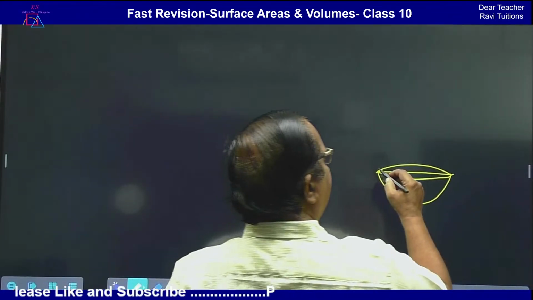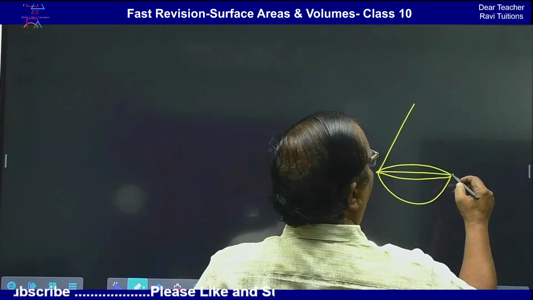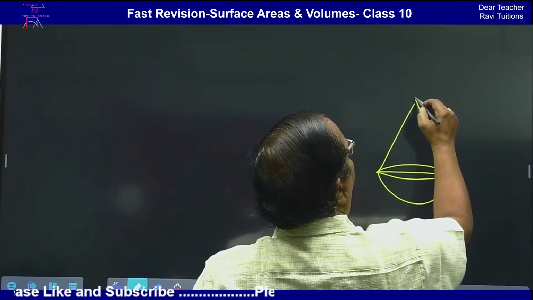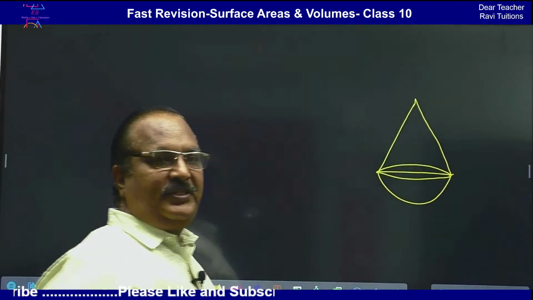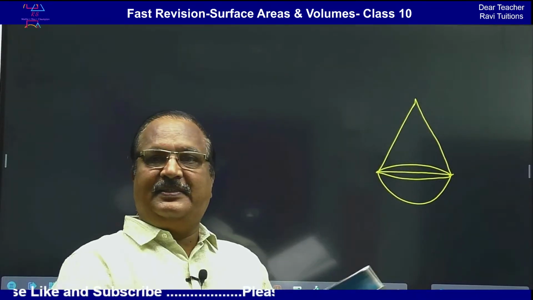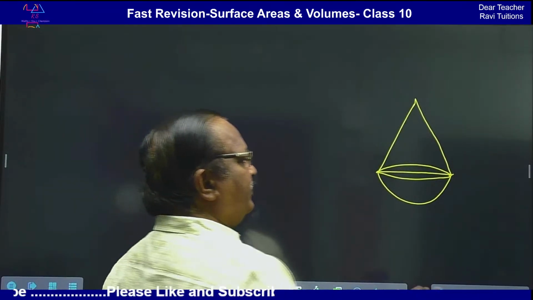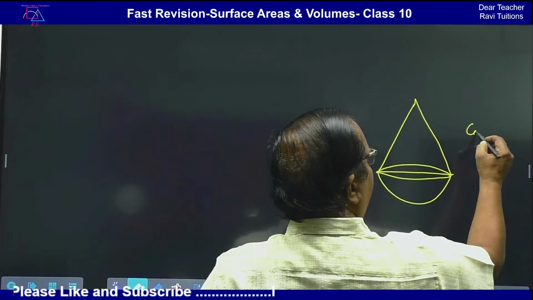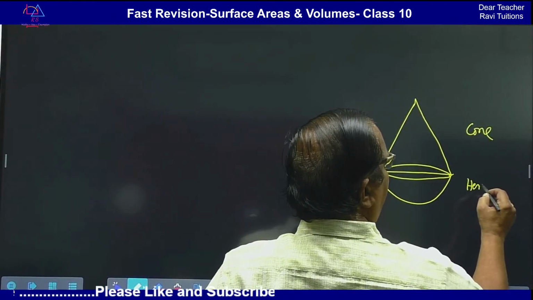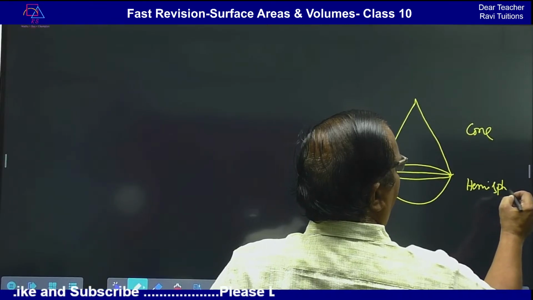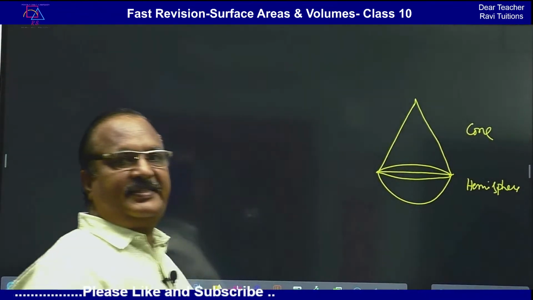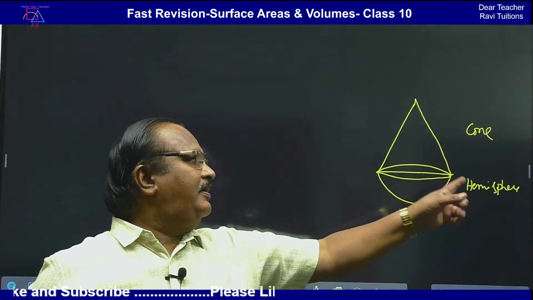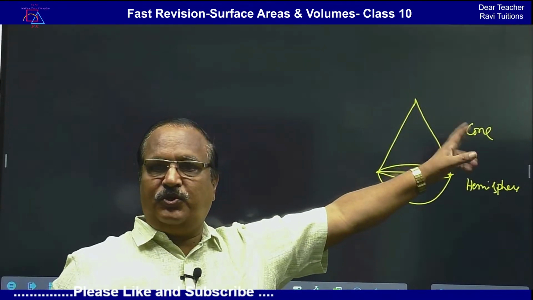So on this there is a cone. Okay, so this is the solid. It is a combination of two figures: figure 1 the hemisphere, figure 2 the cone.